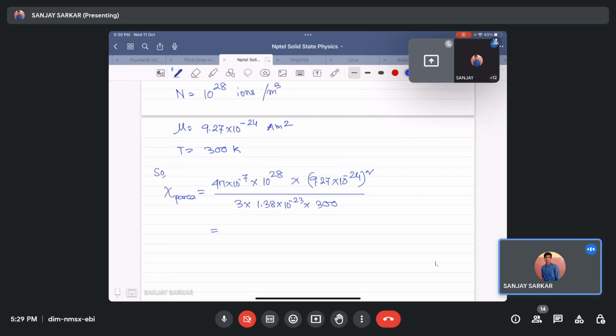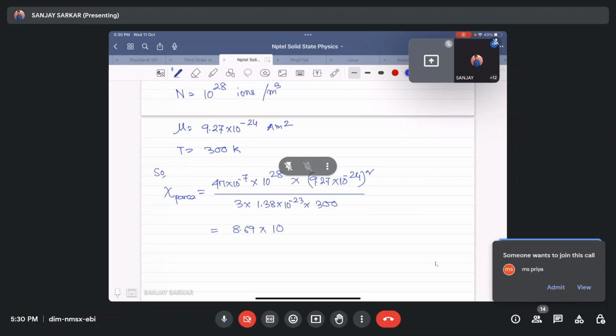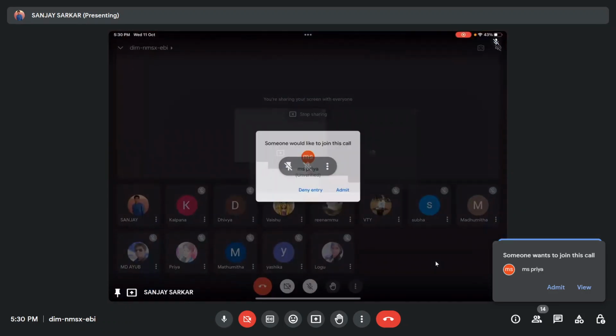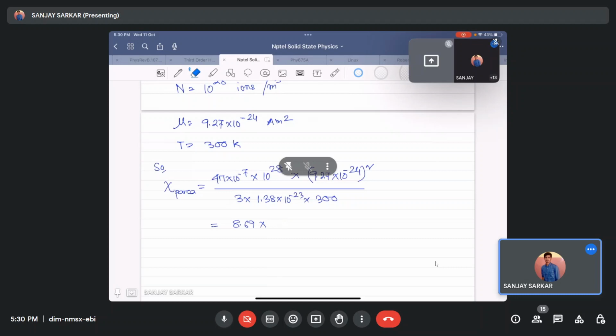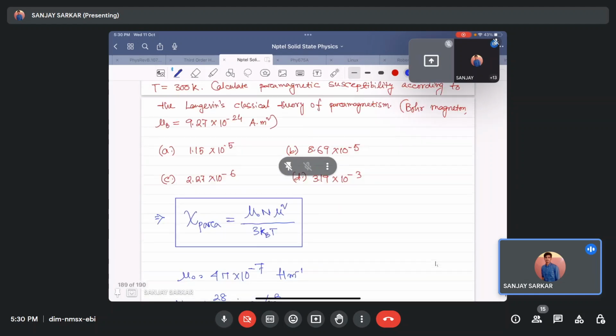So 8.69, it will be 8.69 into 10 to the power, so 28 minus 48 plus 23, that is 10 to the power minus 5. So this is the answer and it will match with option B.